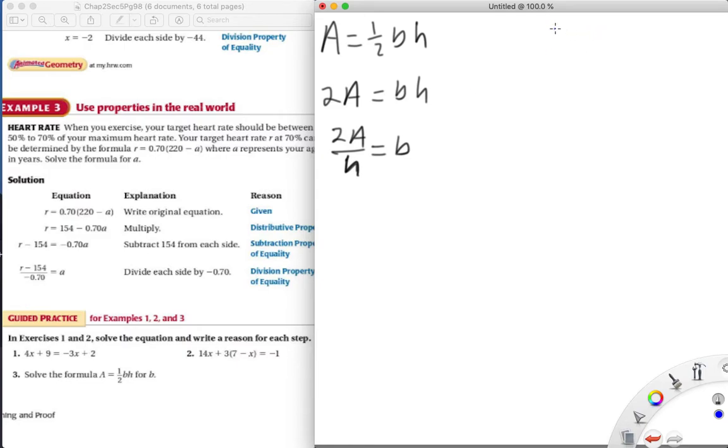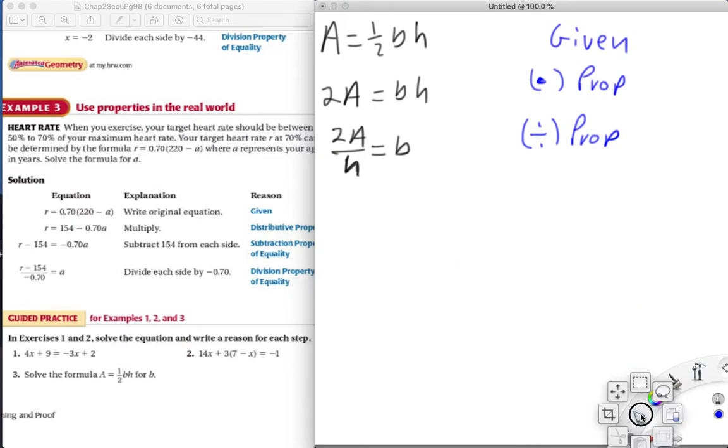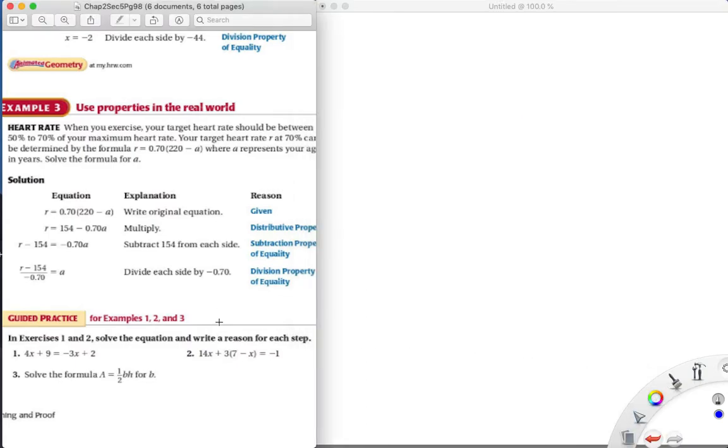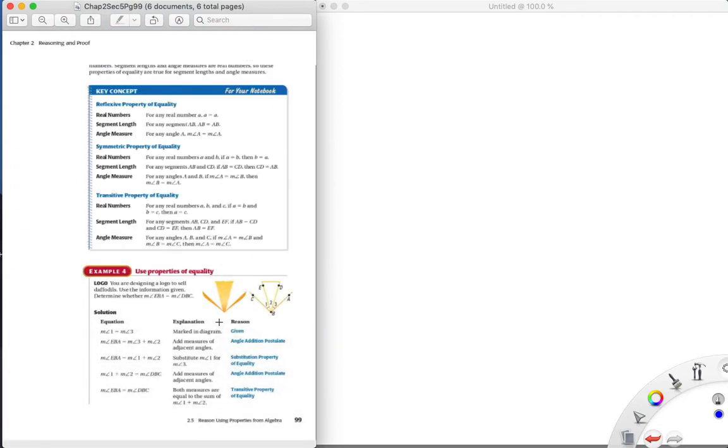Okay, again, given. We did multiplication property of equality, and then we divided. Okay. So yeah, we know how to do that.